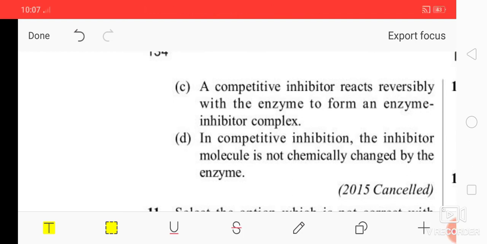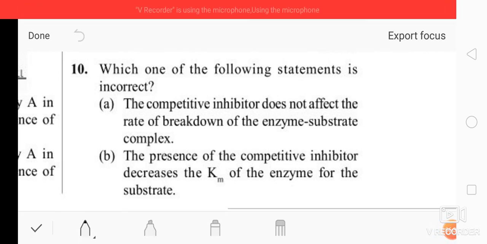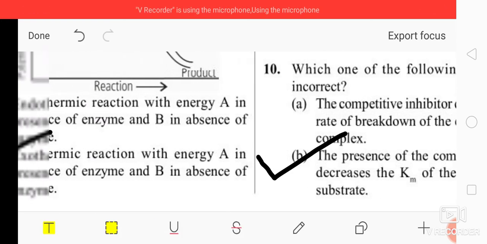Option D, in competitive inhibition, the inhibitor molecule is not chemically changed by the enzyme. And the correct option for this question is option B, the presence of the competitive inhibitor decreases the Km of the enzyme for the substrate.